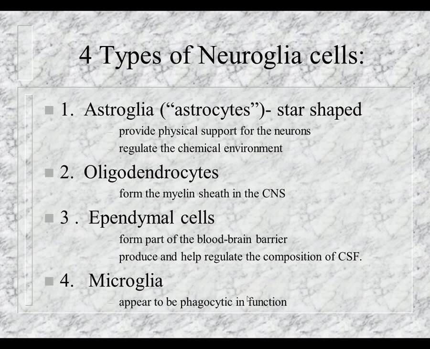Some common types of neuroglia cells include astroglia, or astrocytes. These are the star-shaped cells, and they provide support for the neuron. They also help regulate the chemical environment by being part of what we call the blood-brain barrier. If you'll remember, the blood-brain barrier's function was to maintain homeostasis. And how did it do that? Through selective permeability.